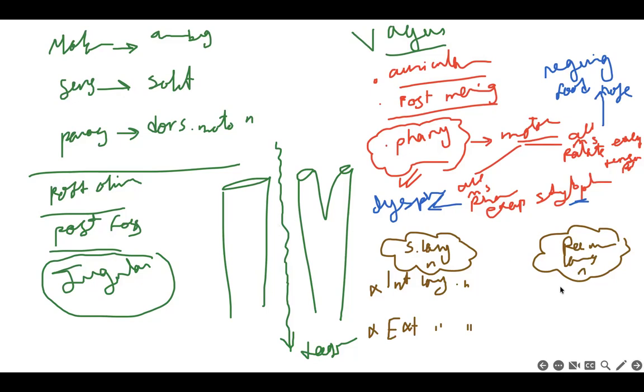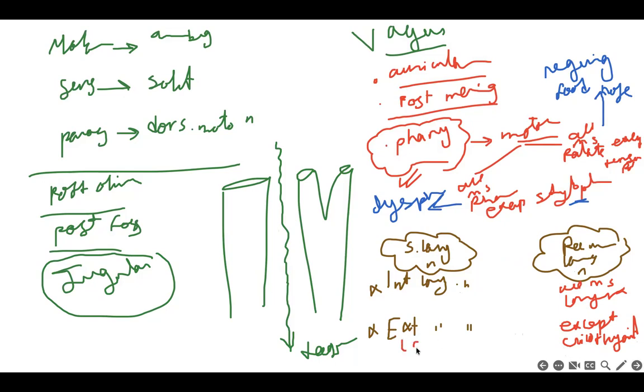I mean, the recurrent laryngeal supplies all the intrinsic muscles of the larynx except the cricothyroid muscle, which tenses the vocal cord. What is the name of this muscle? Cricothyroid. Okay, what supplies this muscle? The external laryngeal.